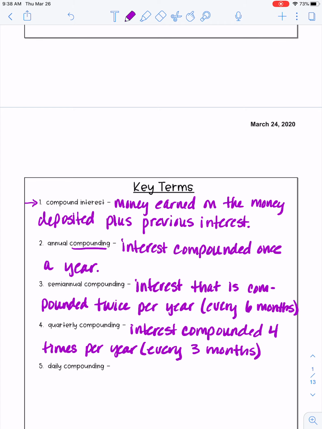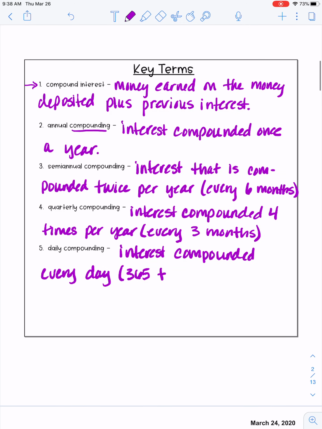And the last one is daily compounding, interest compounded every day, or we can say 365 times per year, or 366 for leap year, right?